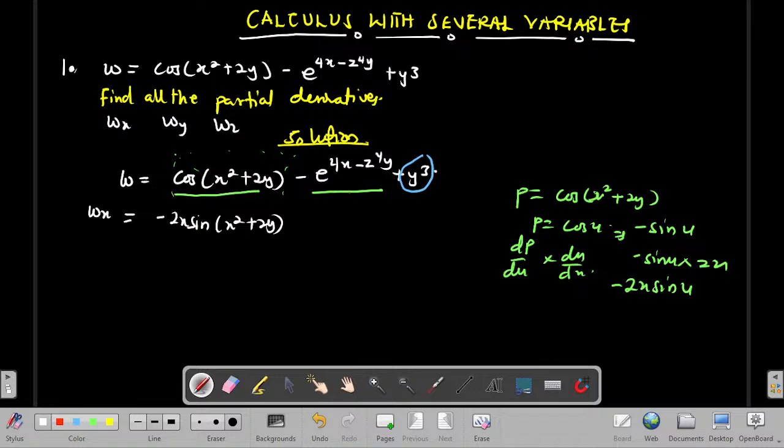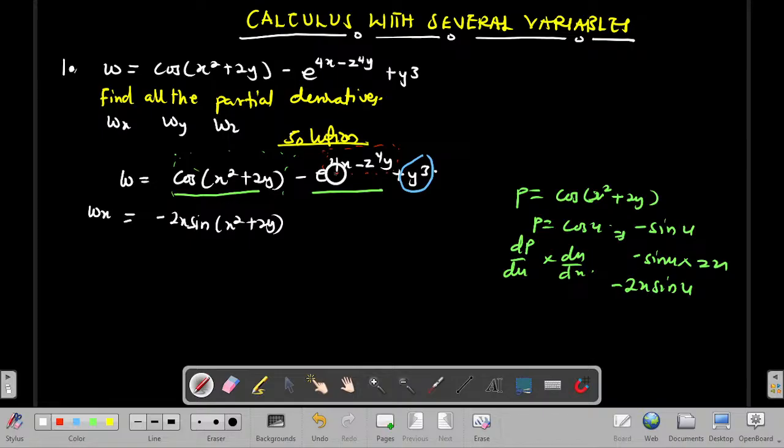You're not done. We have another part of the function, that is e to the power 4x minus 4y. So once we have this x, how do I treat the expression? x is not standing alone, it is within an expression, 4x minus 4y in the power. So this is an exponential function. How do we do it?